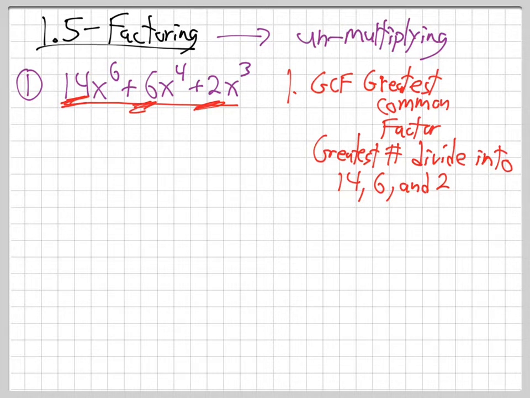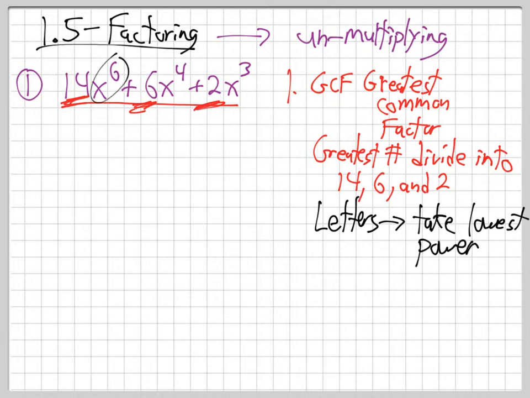2. So we want a number that divides into them, right? 2 goes into 14 7 times, 2 goes into 6 3 times, and 2 goes into itself 1 time. So 2 goes into all those numbers, doesn't it? So that's the number part of the GCF. Now for the letters, you take the lowest power.